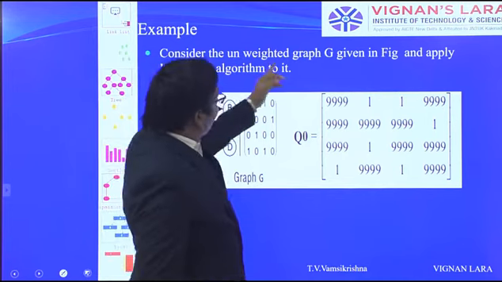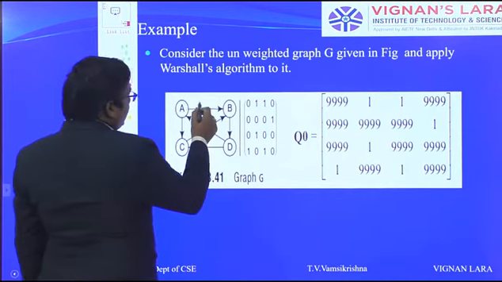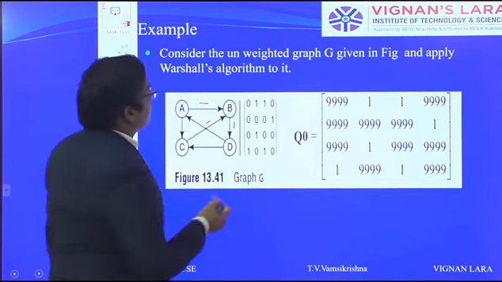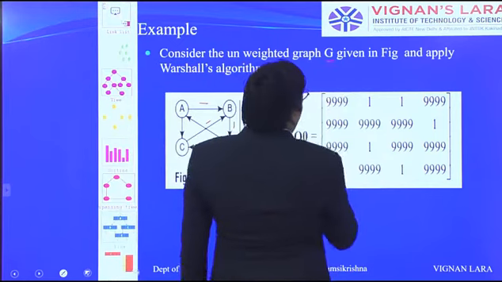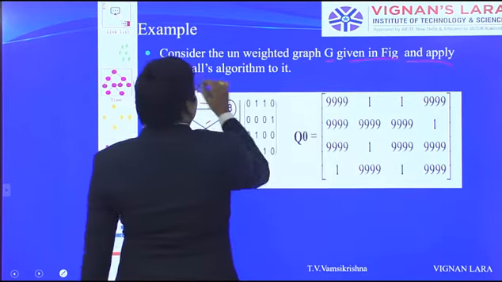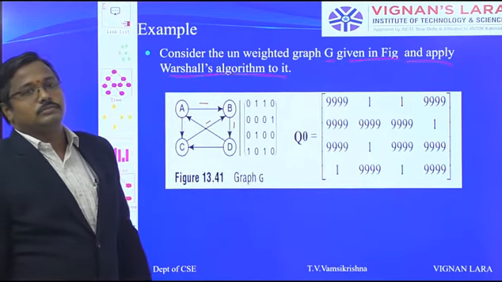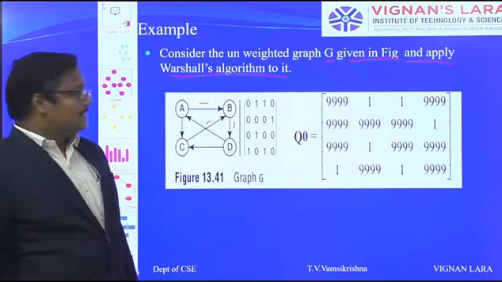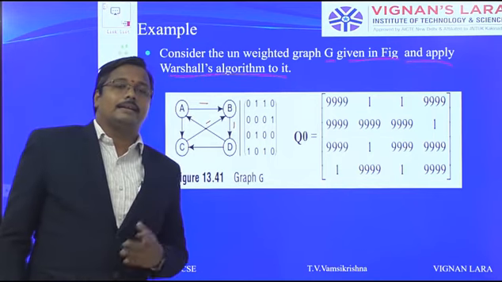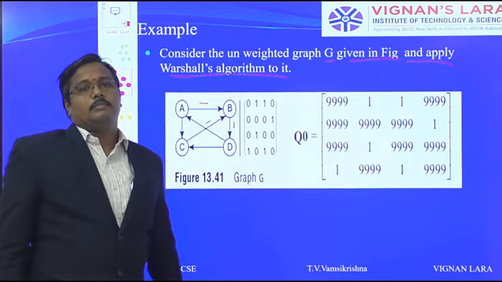Consider the unweighted graph. Here no weights are represented on the edges, as in the given figure, and apply Warshall's algorithm to it. Here there are no distances, we are simply calculating the path matrix.